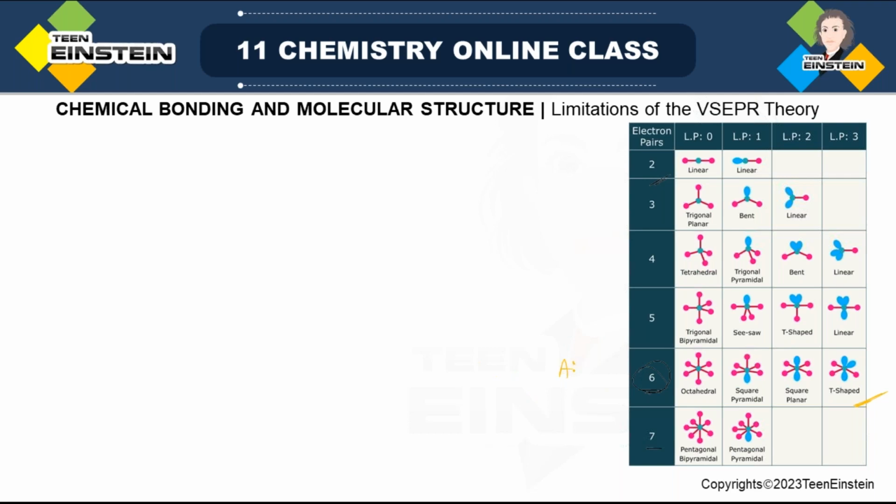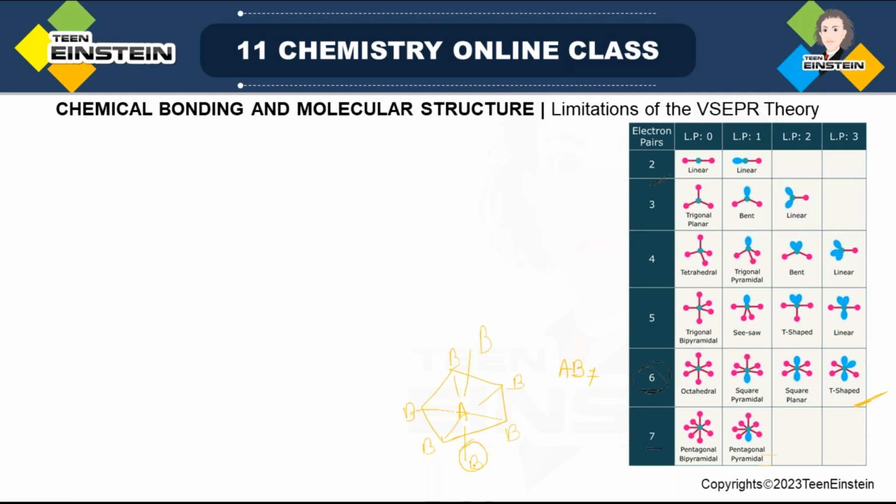Suppose AB7. It will be like this. Just draw a pentagon. So there are a total of 5 positions. The remaining 2 are one above and one below. In this way, AB7. But suppose there is one lone pair, it will be pentagonal pyramidal.